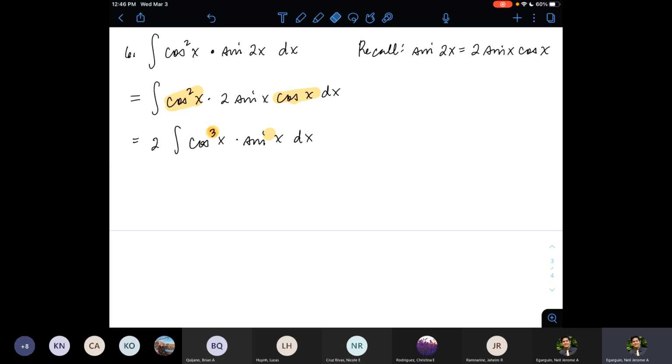Both of them happen to be odd. So case number one still applies, because case number one works if you have at least one odd power. So there are two alternative solutions here. First, you reserve this to be your du, that's fine, and then write cosine squared in terms of sine as we did with problem number 4. But I guess the easier one here is to use this as our du, right?